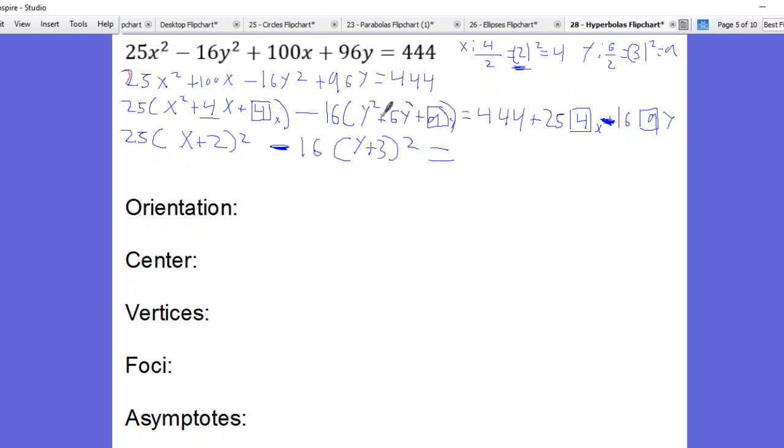So my fault, because that 9 is multiplied by negative 16, it has to be multiplied by negative 16 here.